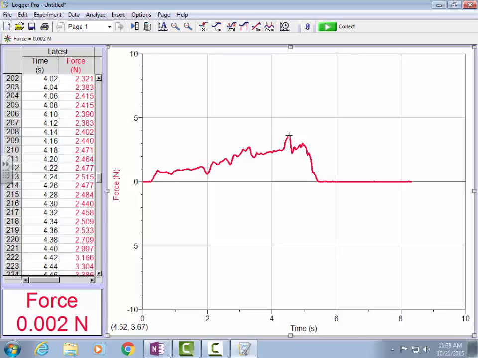This value is 3.67. Let's try this again.